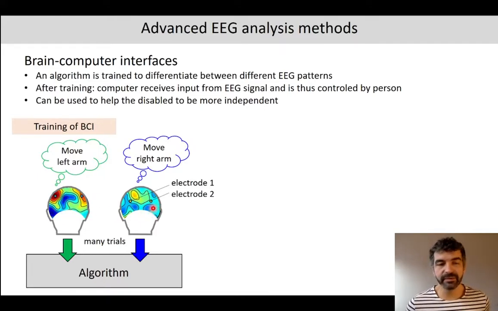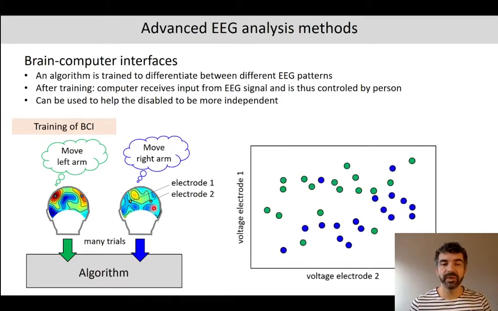How does this work? I will explain this for an example of two electrodes. So imagine this scatter plot shows the voltage at two different electrodes for the green and blue conditions.